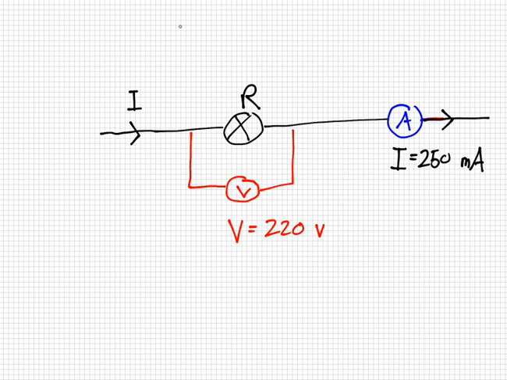So, if I have a current, I, and I want to measure how much current I have, I use an ammeter, and I put the ammeter in the middle of the current. Then I can read the current from the ammeter, like this.